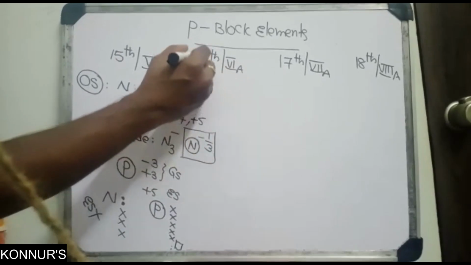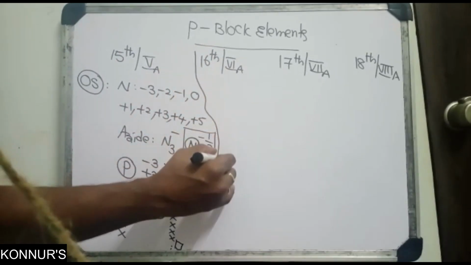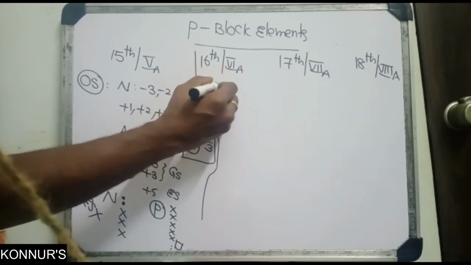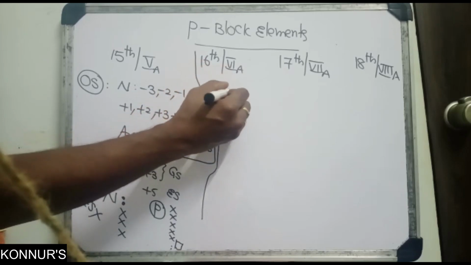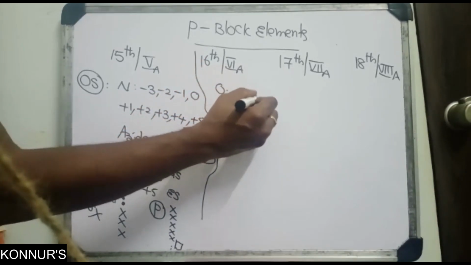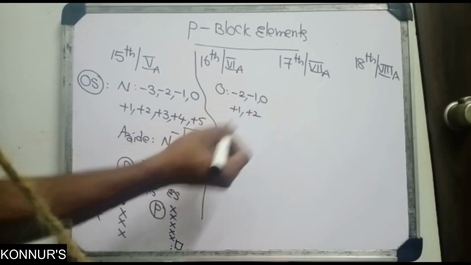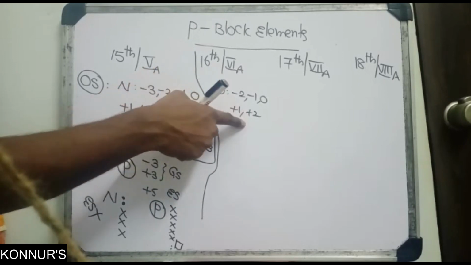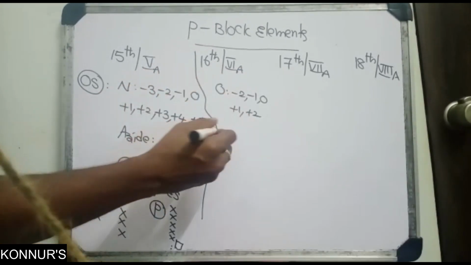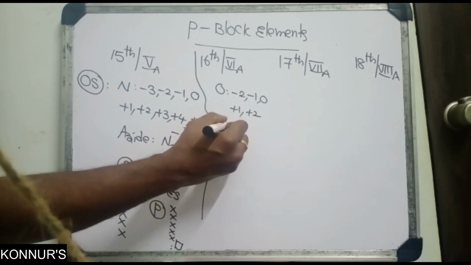Here, oxygen is showing -2, -1, 0, +1, +2 also. With fluorine only, oxygen shows a positive oxidation state. Next, peroxide.